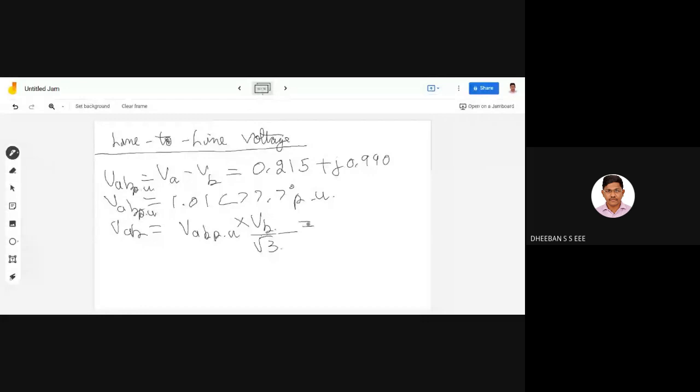So now this becomes 1.01 into 13.8 by root 3 at an angle of 77.7 degrees. Always bring this polar angle to the end.